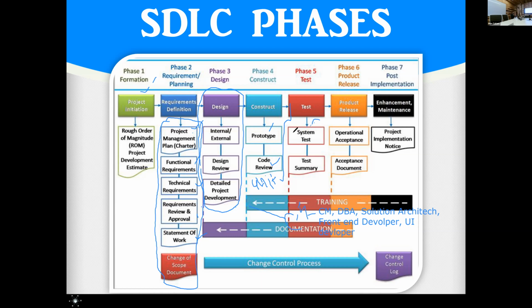Yeah. I think the first thing I have to know is, am I going to do manual testing or automation testing? If it's manual, there are two kinds of testing, functional or non-functional.